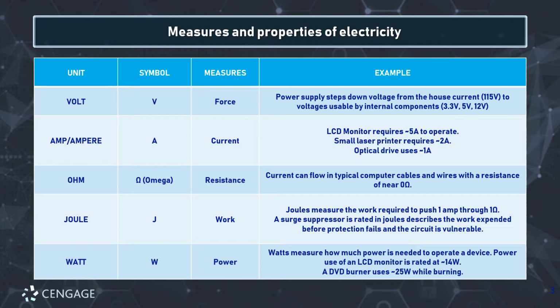A DVD burner, example of something that uses a bit more power, would be using around 25 watts while it is burning a disc. If we're talking about a Blu-ray player, that's probably going to be a little bit more power because, again, that has to control slightly more sophisticated machinery. CD player would probably be a lot less because it's not using a burning laser, it's using a reading laser. So the CD player, just being a reader, is able to use a lot less.